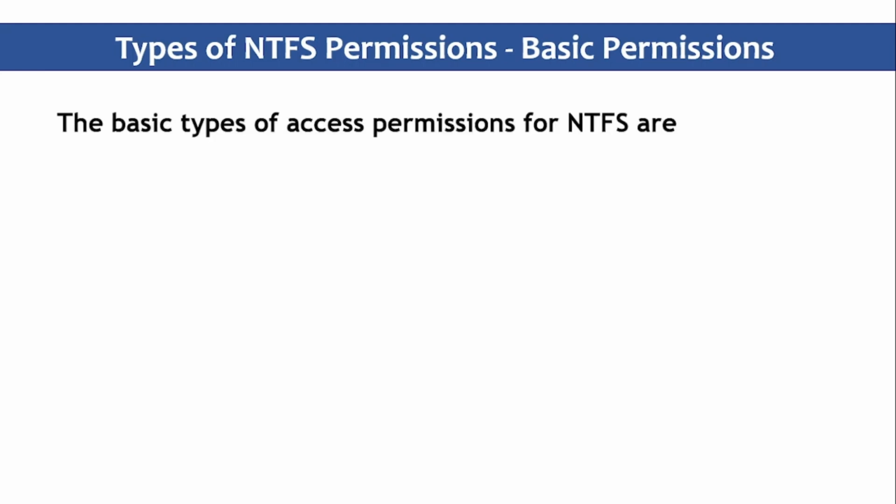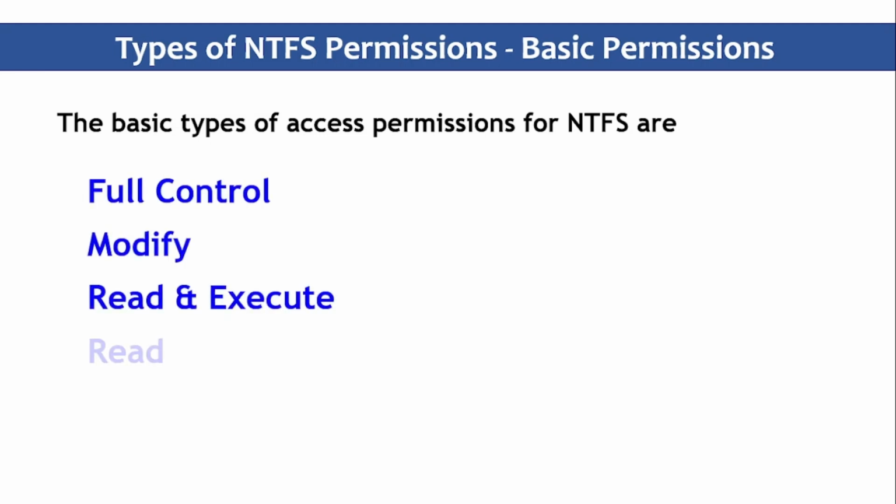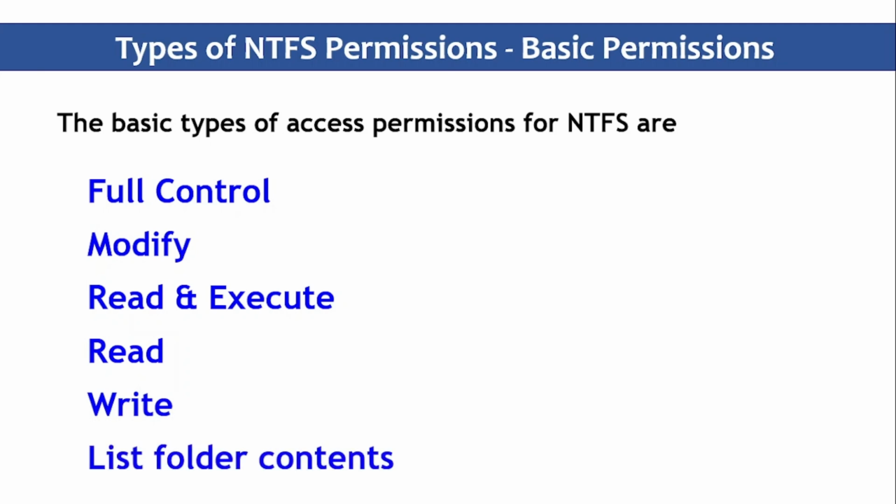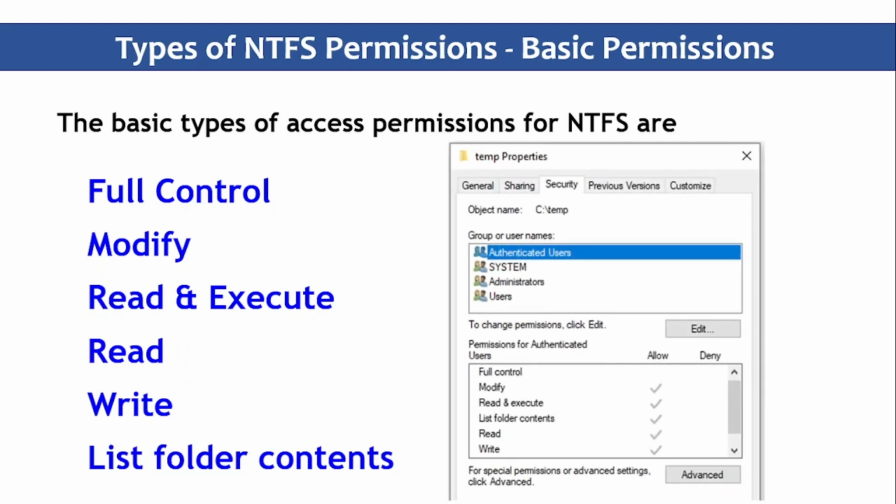The basic types of access permissions for NTFS are full control, modify, read and execute, read, write and list folder contents. So these are the 6 basic NTFS permissions. Let us discuss them one by one, and you can see this in this particular picture. These are the basic 6 permissions.